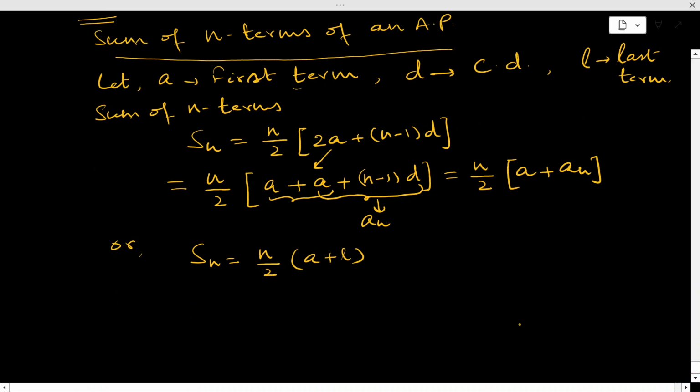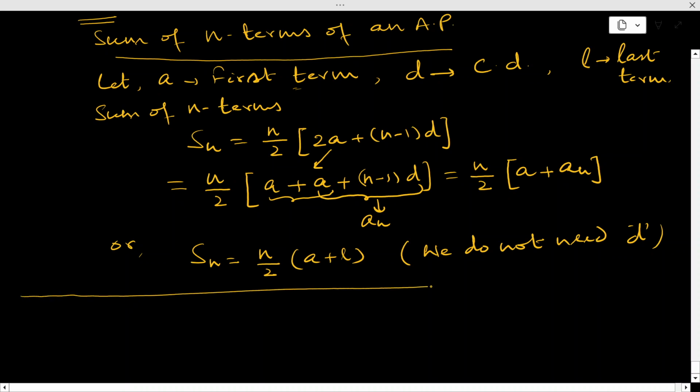So here we don't need d. We are not using the common difference. This is the case when you have the value of the last term and you are finding the sum of all the terms of the AP.